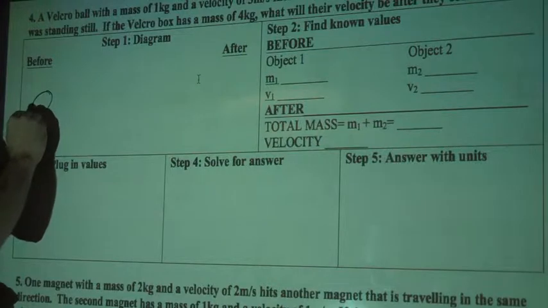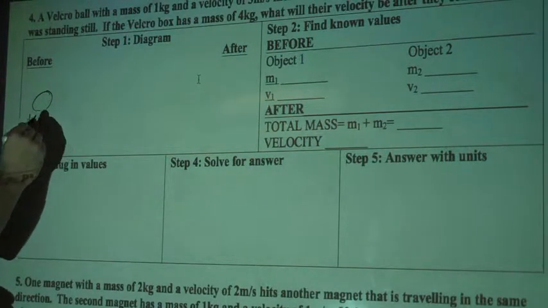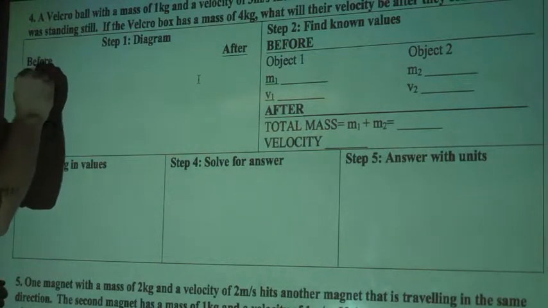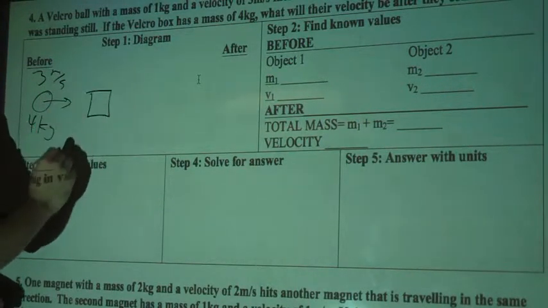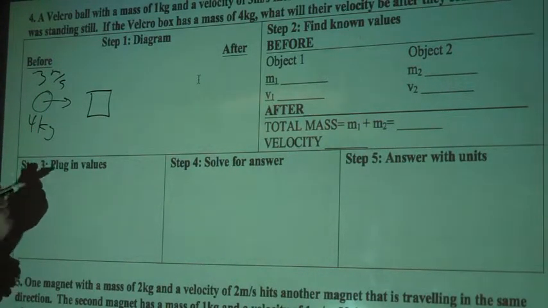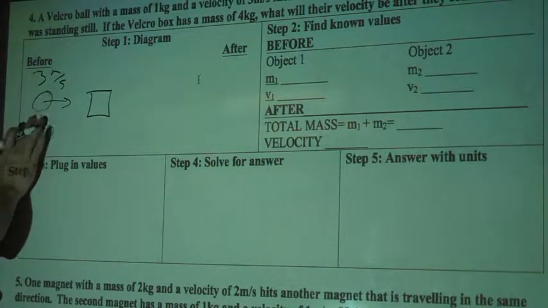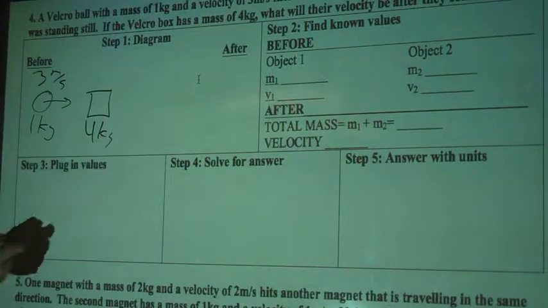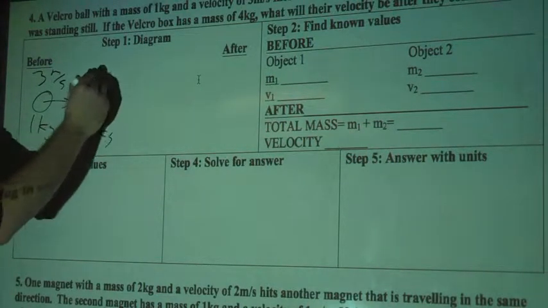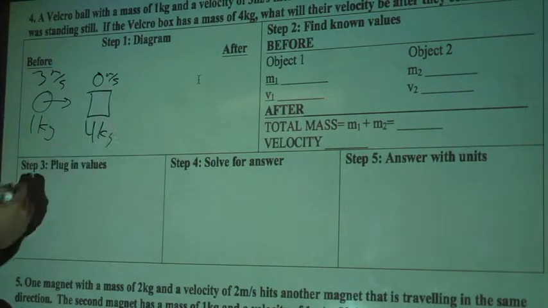So the ball has a mass of 4 kilograms. It's going 3 meters per second that way, right at a box. I'm sorry, the ball has a mass of 1 kilogram. The box, which has a mass of 4 kilograms, is standing still, so it's going 0 meters per second.